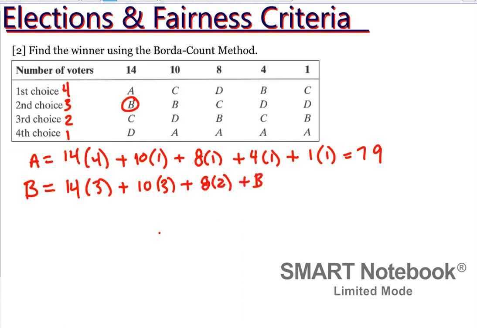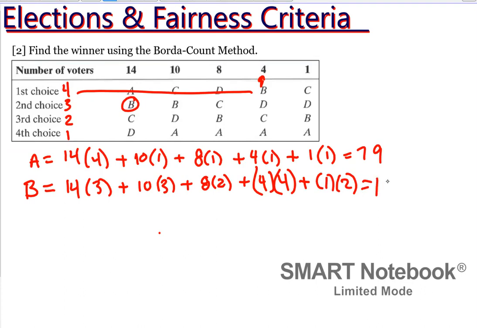And we're taking B in each column, and we're just taking the number of votes and multiplying it by the number of points in that position. So we see that B has 106 points using the Borda count method. Let's check the other candidates.